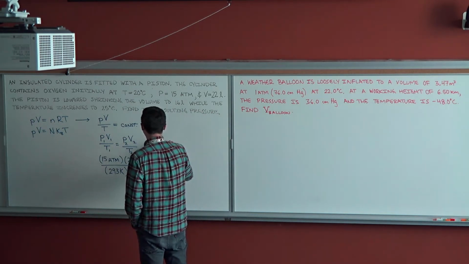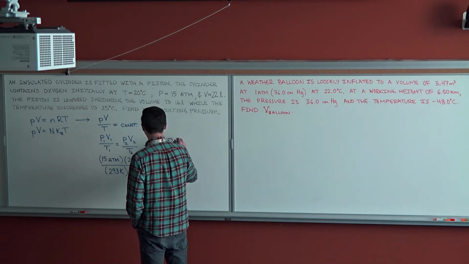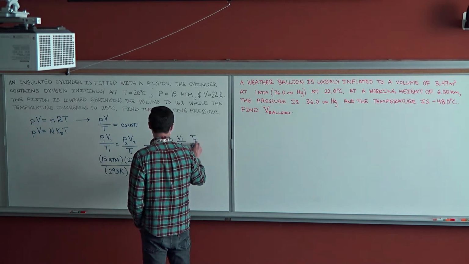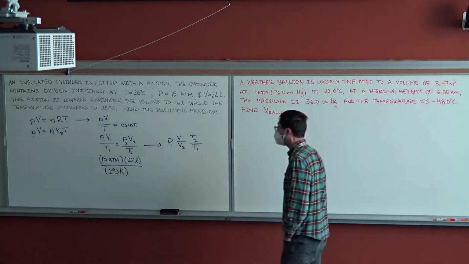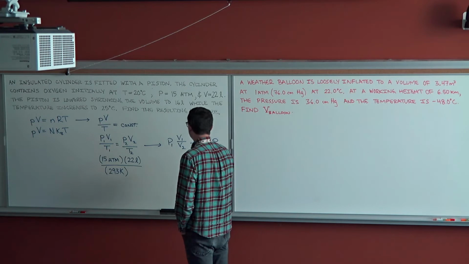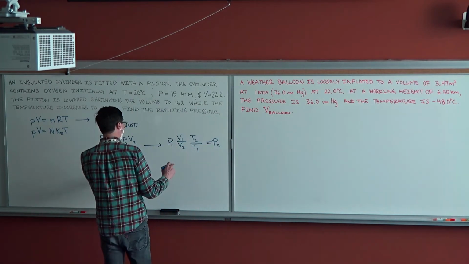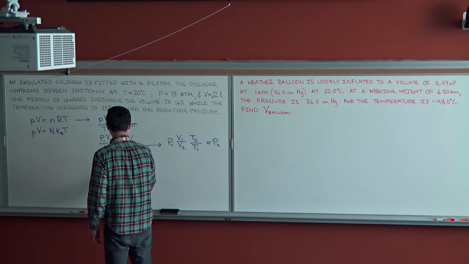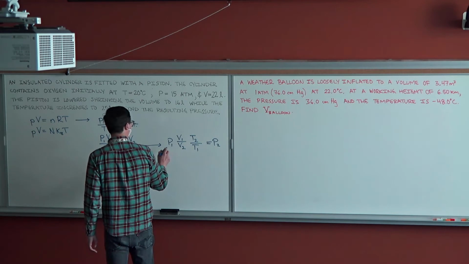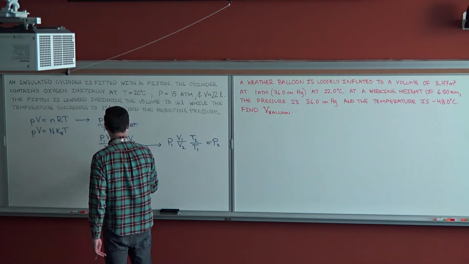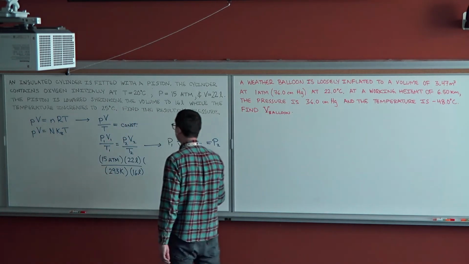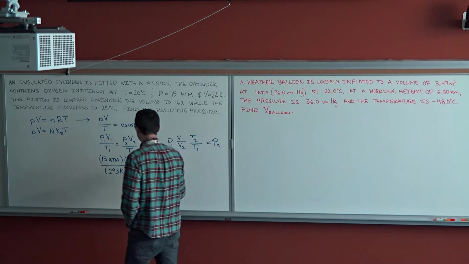It winds up being P1 times V1 over V2 times T2 over T1 is P2. V2 here is 16 liters, times T2, which is 25 plus 273, so 298.